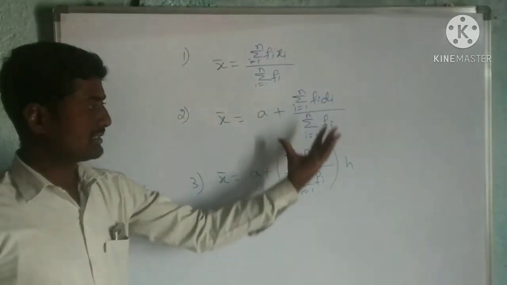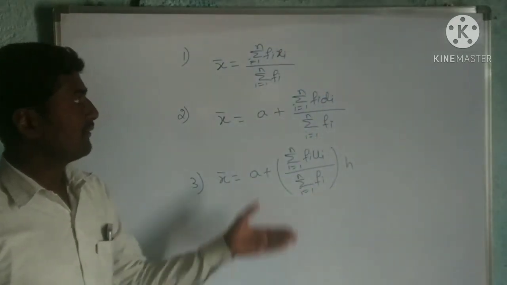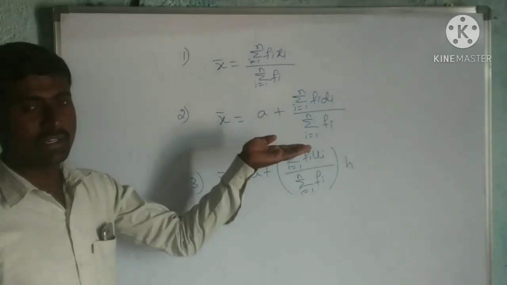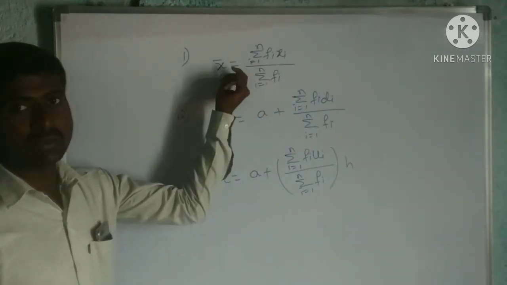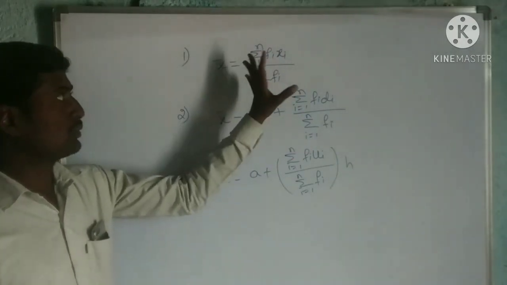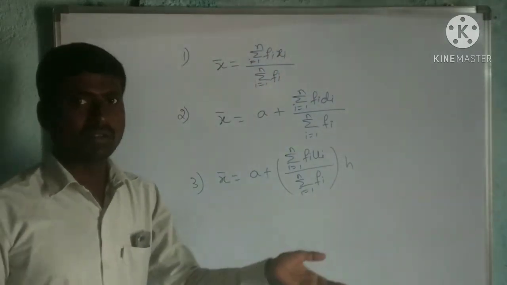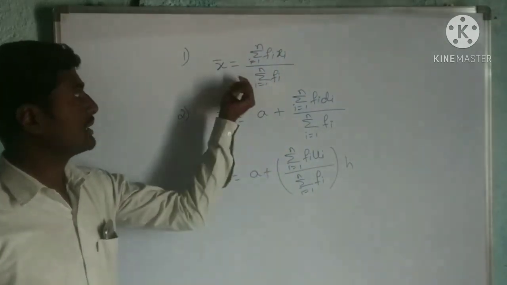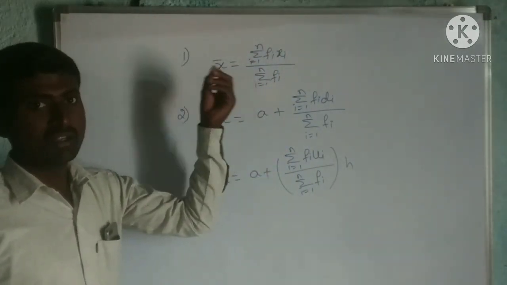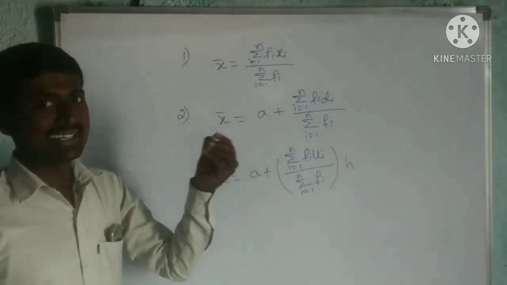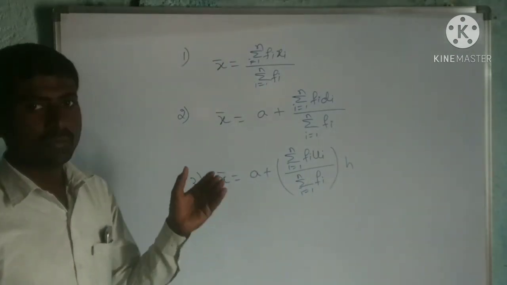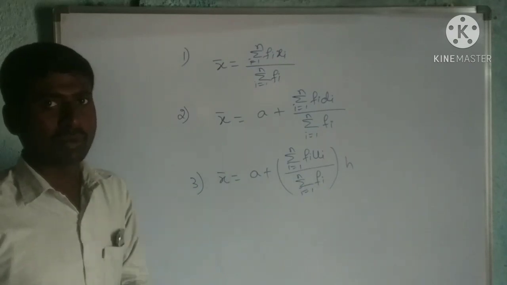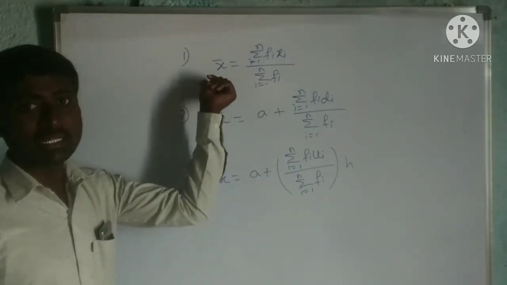So these three methods are there, but for your syllabus, I already said you concentrate on the first method only. We have to solve all the problems by using the direct method only. Now I will start the exercise. In the first exercise, we have to find the mean by the direct method only.